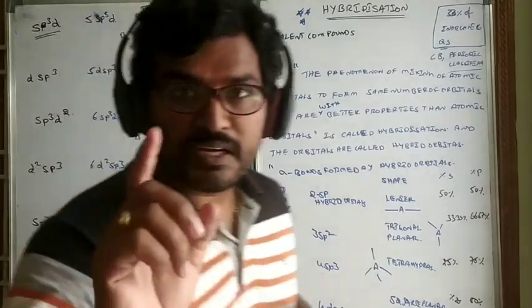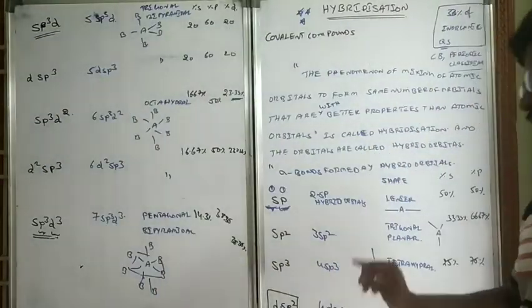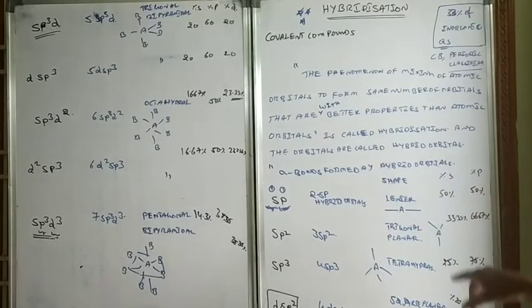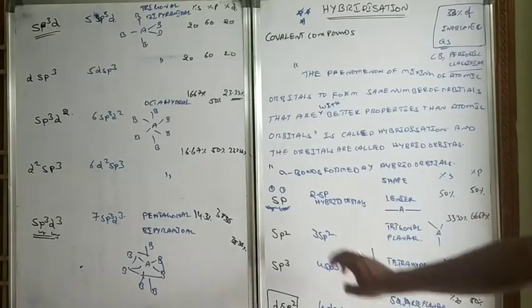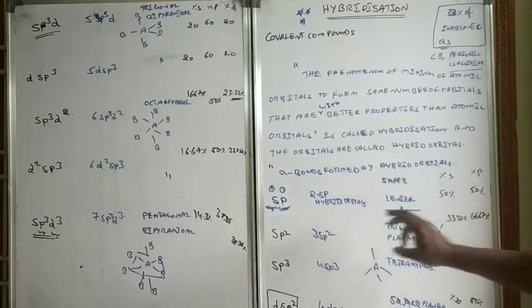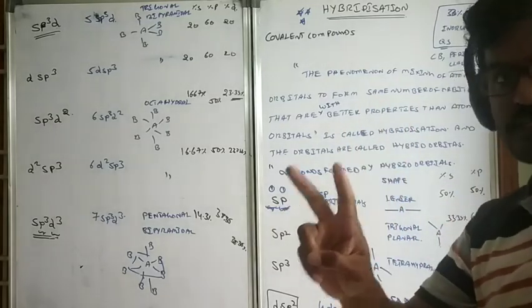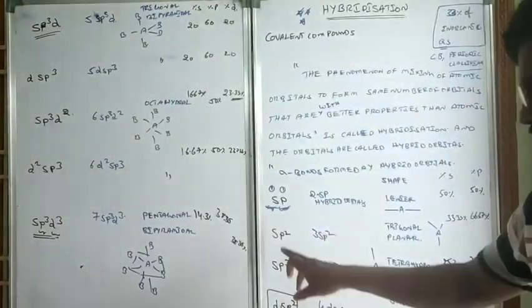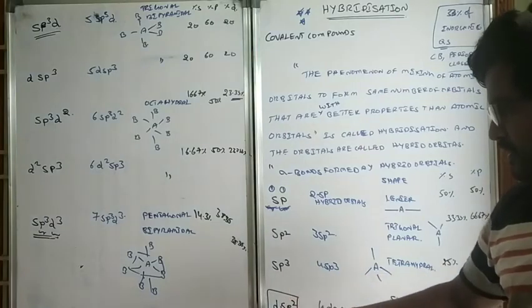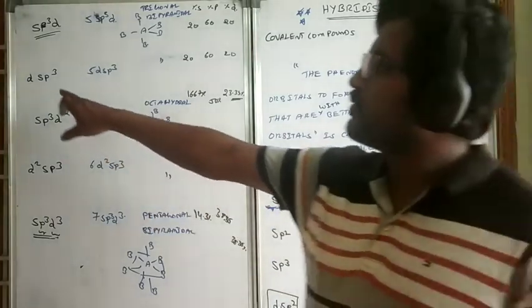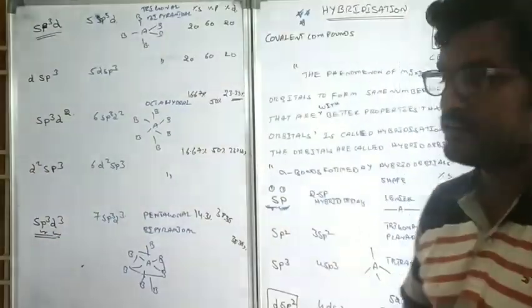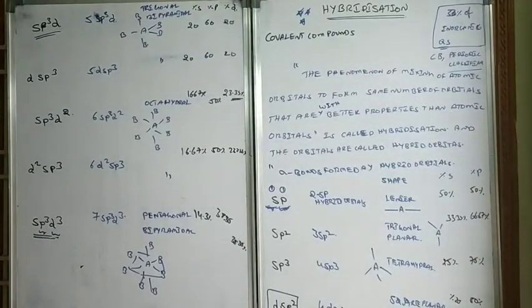How to find the percentage of a particular orbital? sp hybridization means s character is 50 and p character is 50. How can we find this? Listen carefully: two sp orbitals are there, and in the two orbitals one is s and one is p, so 1 by 2 into 100. Here 1 by 3 into 100, 1 by 4 into 100, 1 by 5 into 100, 1 by 6 into 100 and 1 by 7 into 100 will come. Like this we can have different examples.